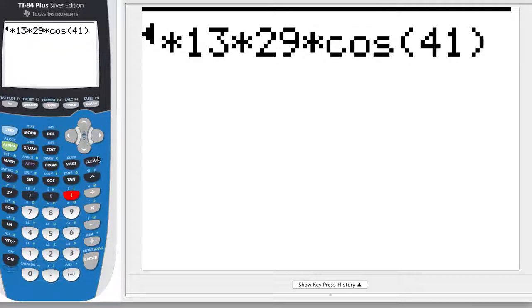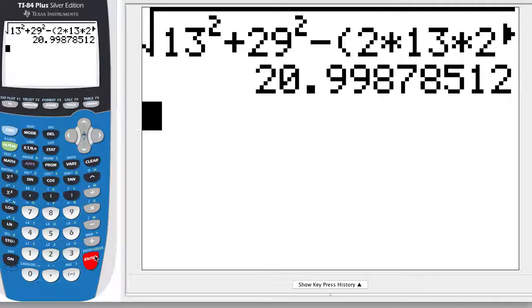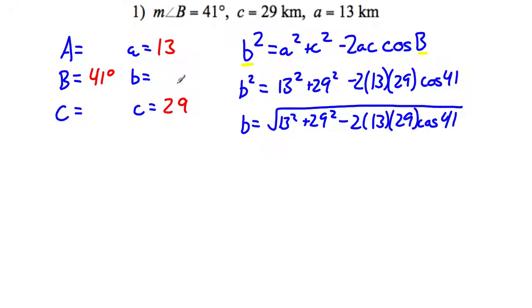Close my parentheses there, and I'm given this. So 20.998, if we round that to the nearest tenth or even to the nearest hundredth, I'm just going to get 21.0. So I will say that small b is equal to 21.